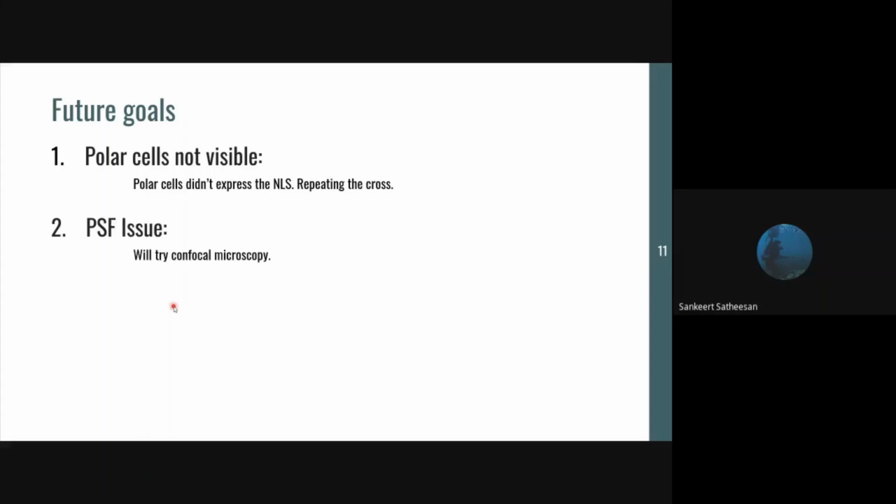All the imaging was done using an IP microscope. As we are also tracking the Z movement, to decrease the PSF issue, we want to extend it to confocal microscopy, so that we'll have better and less noisy data in the Z. And finally, building a theoretical model.